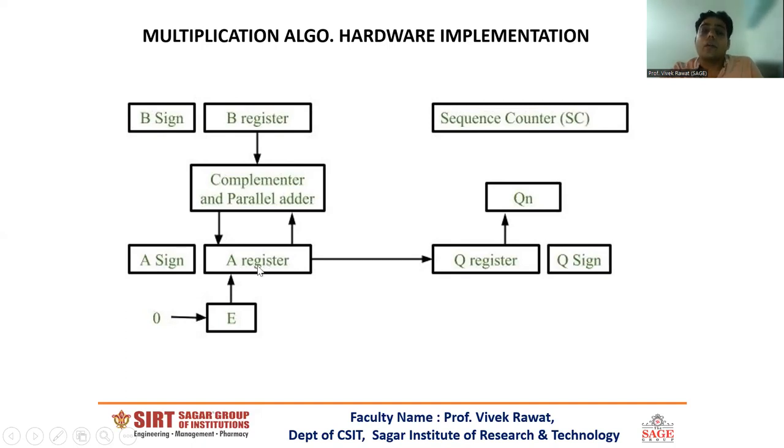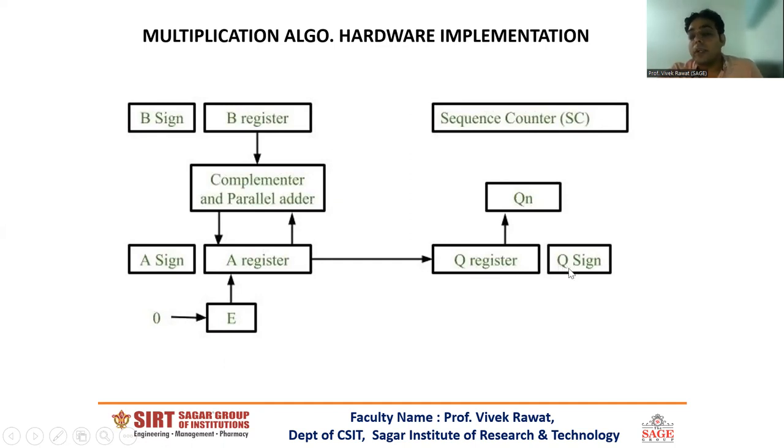The A register does the processing for the B and Q registers and generates the result. So the accumulator is a type of register used to perform all the processes of the ALU. The A register has A sign, the B register has B sign, and the Q register has Q sign.